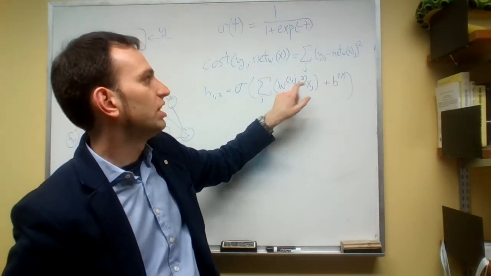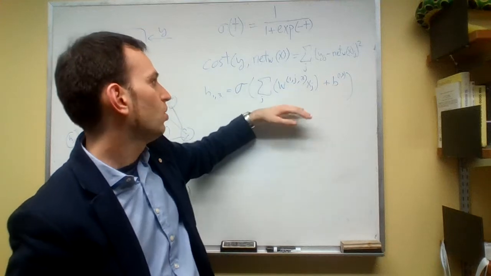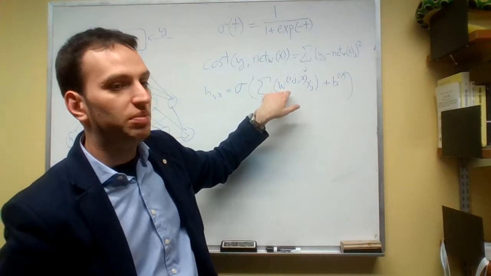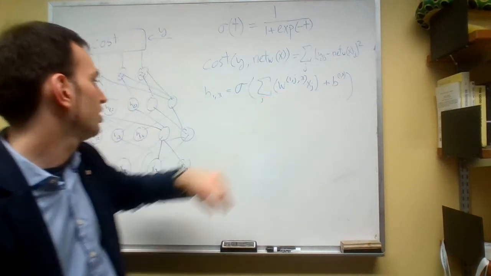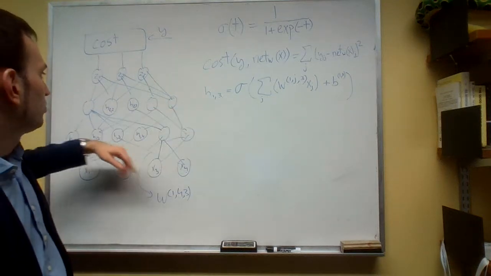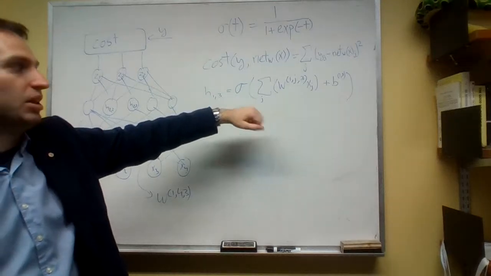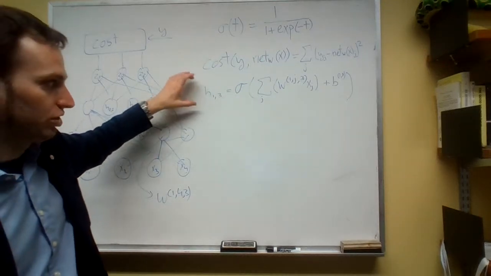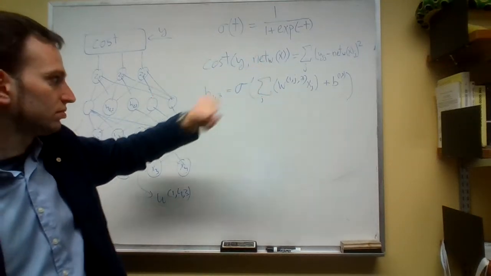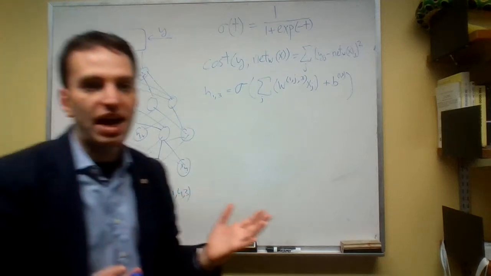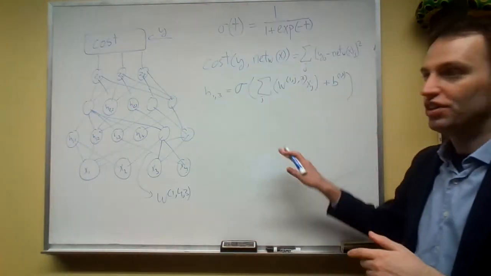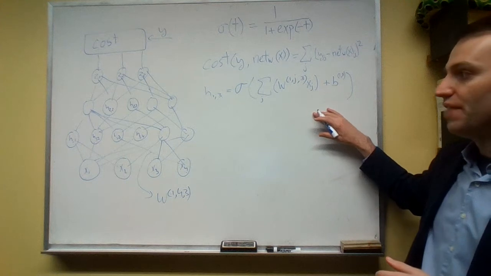So we just omit the j because we have the one b, whereas we have lots of w's. The formulas for the h's in this layer and the z's are going to be similar, so we can just compute that. Now, as we mentioned, this is a computation that can actually be vectorized.